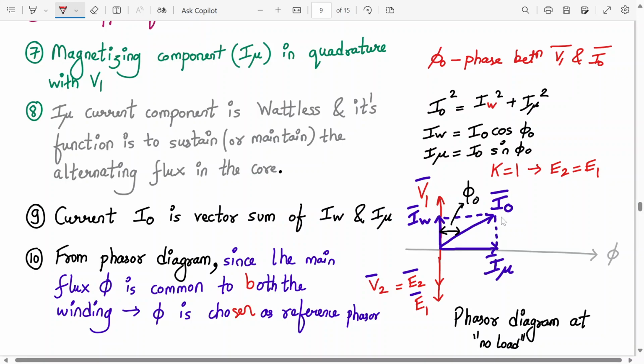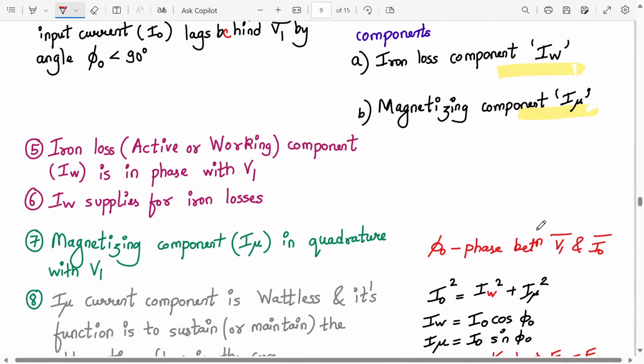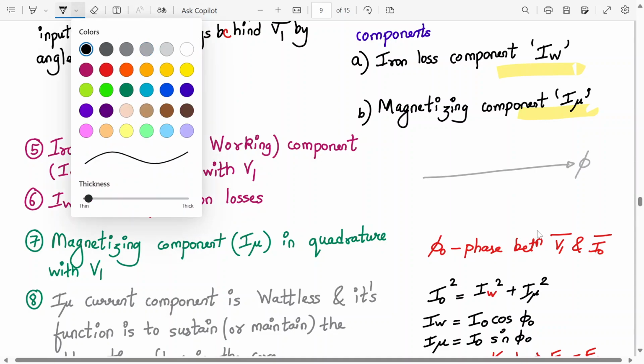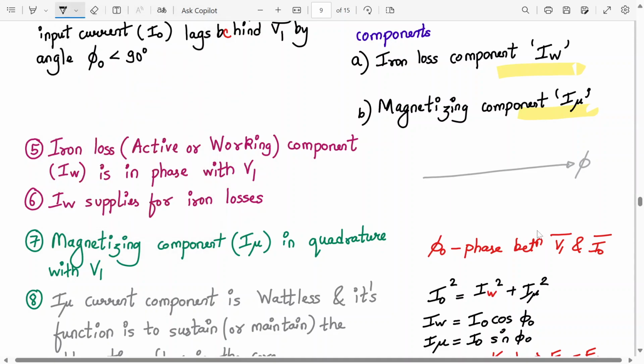So from the phasor diagram, since the main flux phi is common to both windings, phi is chosen as a reference phasor. Alright. Now how to draw this diagram? Let me draw over here again. So first of all, have an x-axis in terms of phi. Next we have V1.